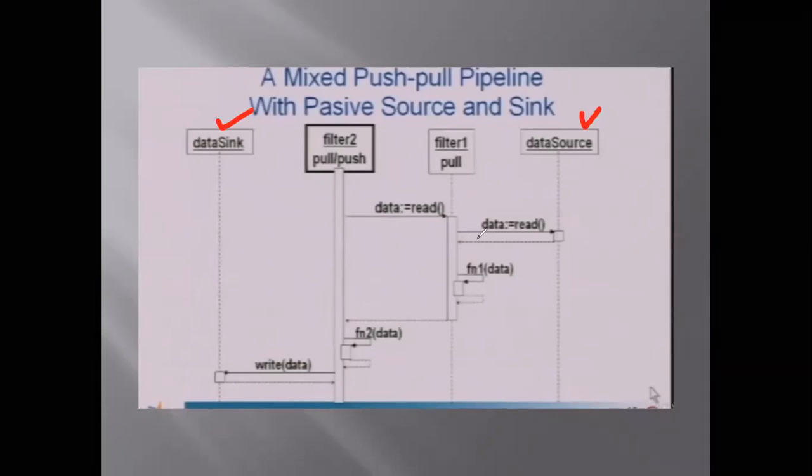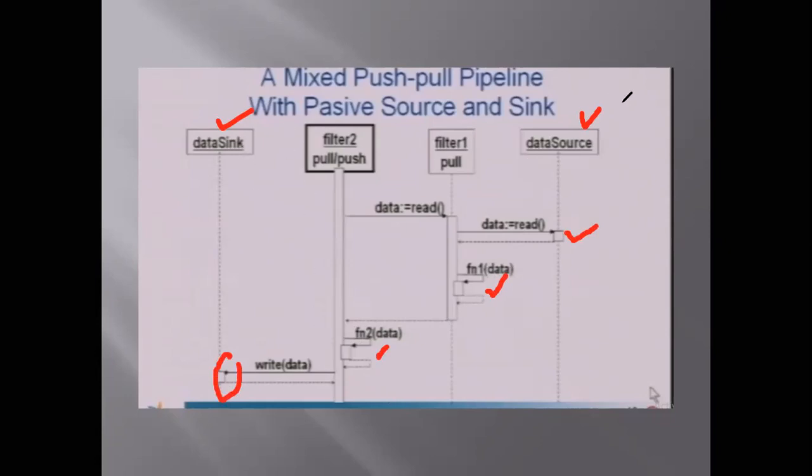Again there will be a read performed by filter 1 on the data source. Again they will do a computation. It will be sent from filter 1 to filter 2, and again it will be returned to the data sink. I hope you are getting how this push and pull works. It's very simple.